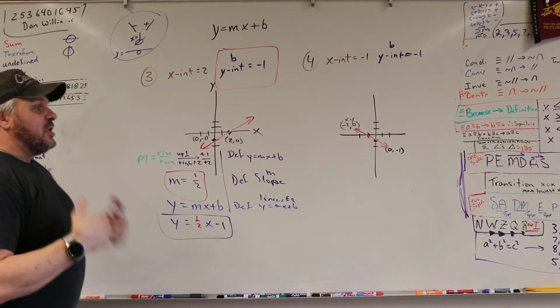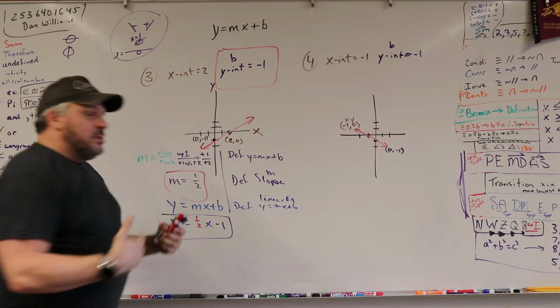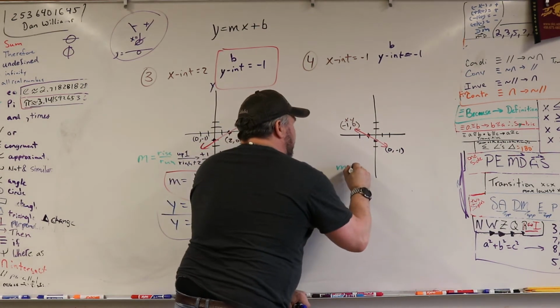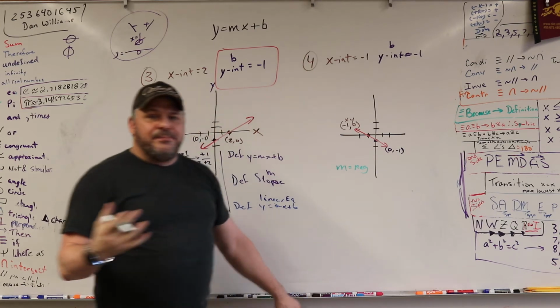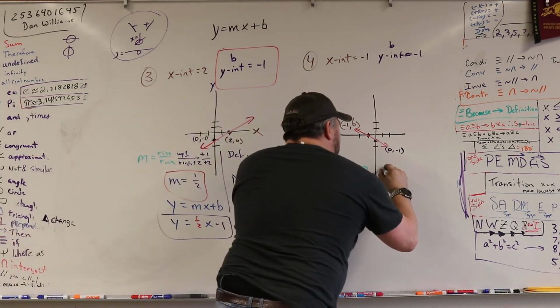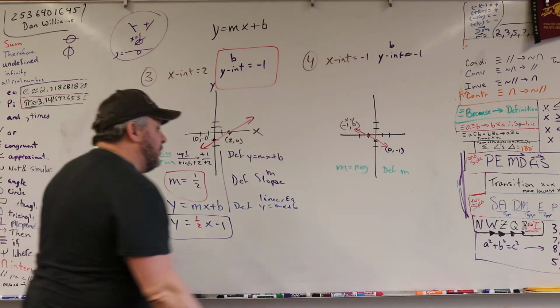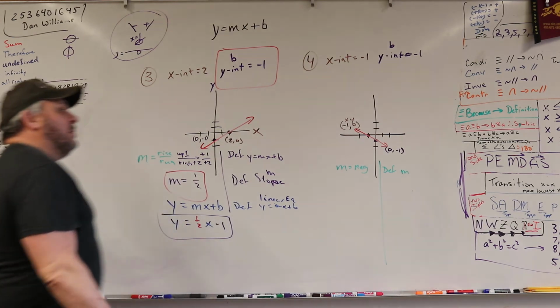So therefore, the slope is negative, right? So right away, I know that m is negative, right? Why? Definition of slope, or in our case, definition of m. Simple, okay?